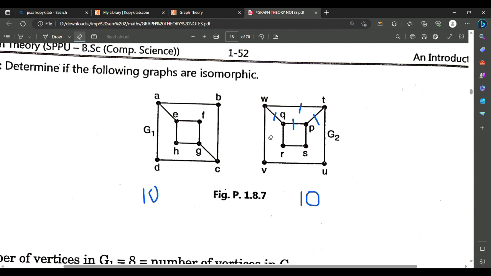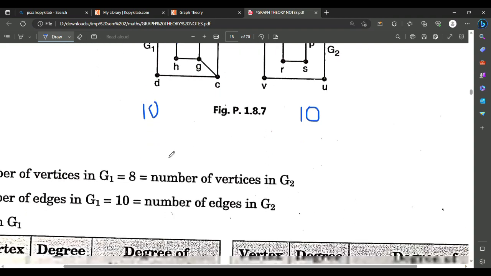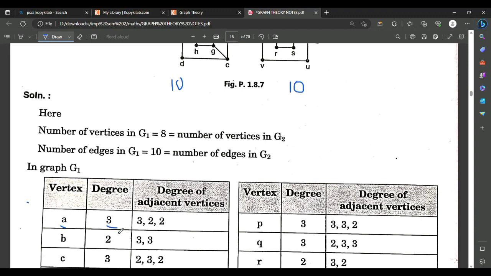Now the degree of A is 1, 2 and 3. Therefore we will write here 3.